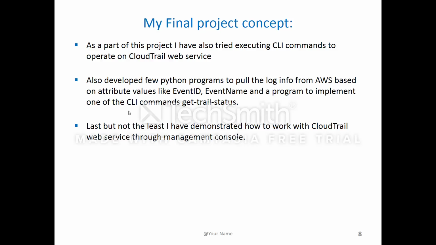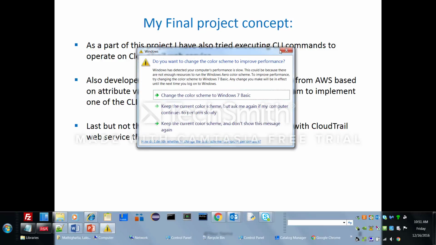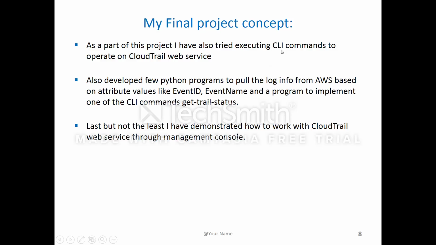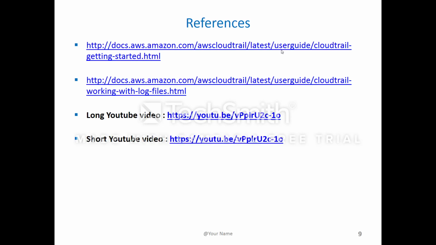I also developed a few Python programs to pull the log information from AWS based on attribute values like event ID and event name, and a program implementing one of the CLI commands, get trail status. Last but not least, I have demonstrated how to work with the CloudTrail web service through the management console, which is the simplest. That's about it.